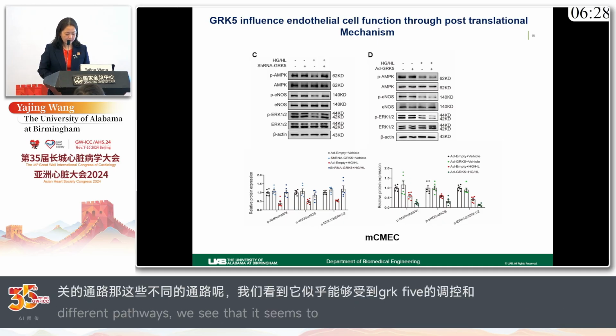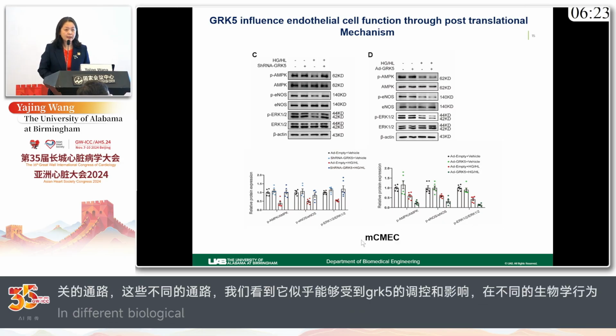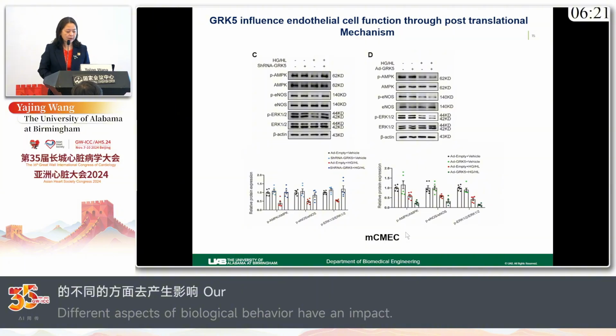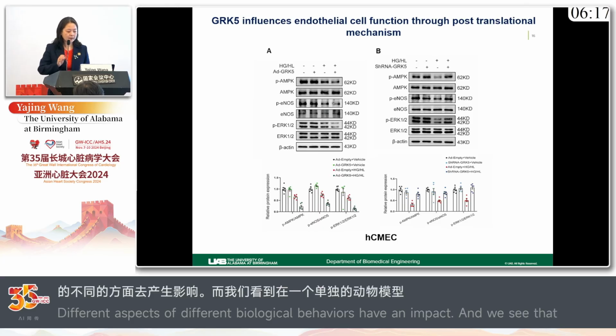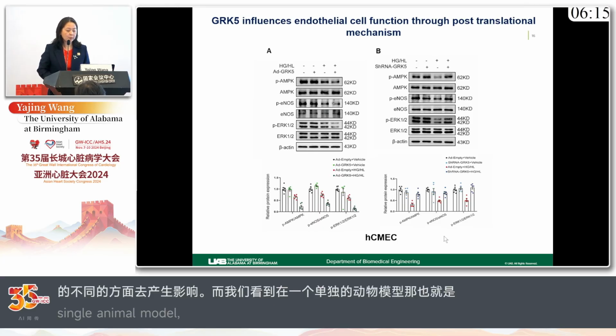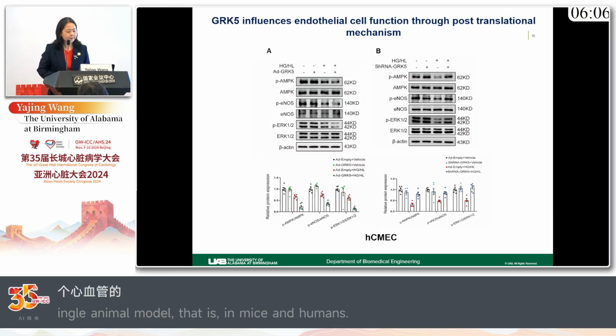We did this from isolated animal models of cardiac microvascular endothelial cells, and at the same time we measured the human cardiac microvascular endothelial cell function and the signaling GRK5 might modulate.